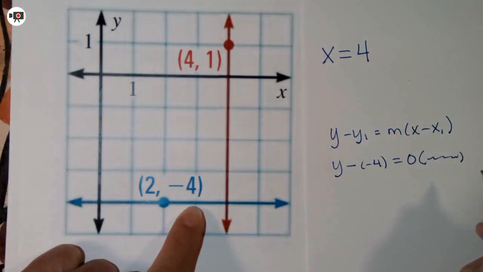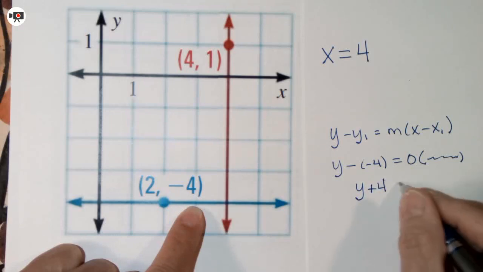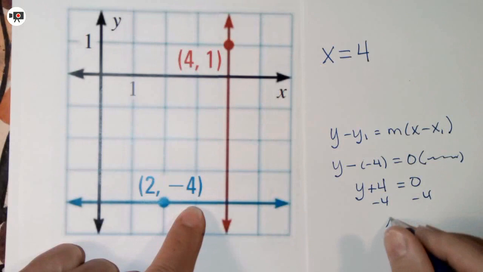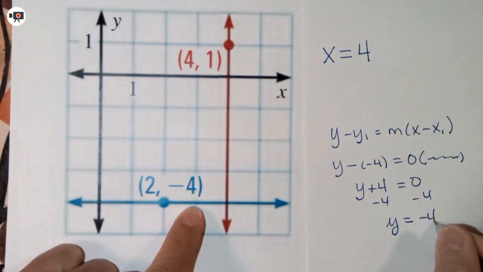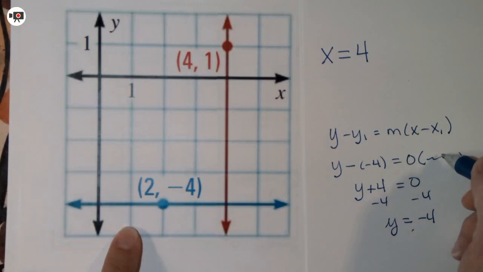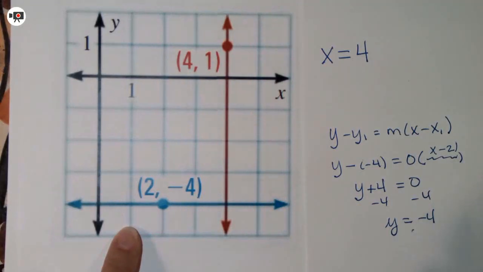It's 0 times it, it's going to be 0, whatever it is. So here we have y plus 4 equals 0, or y equals negative 4. So you can actually use the formula to get this. Now, it's not going to look very good, and if you're going to do it, you should probably put this in, which would be x minus 2, but it's times 0, it's still going to be 0.